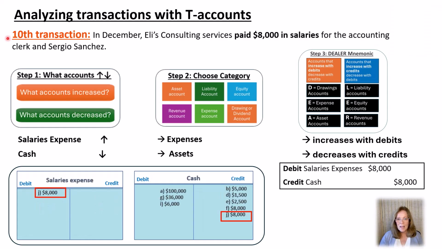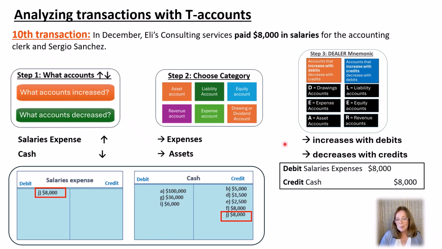In the 10th transaction, Eli's Consulting Services paid $8,000 in salaries for the accounting clerk and Sergio Sanchez. In this transaction, salaries expenses increased. Salaries expenses are expenses, and the graph tells us that expenses are on the left side and that expenses increase with debits.